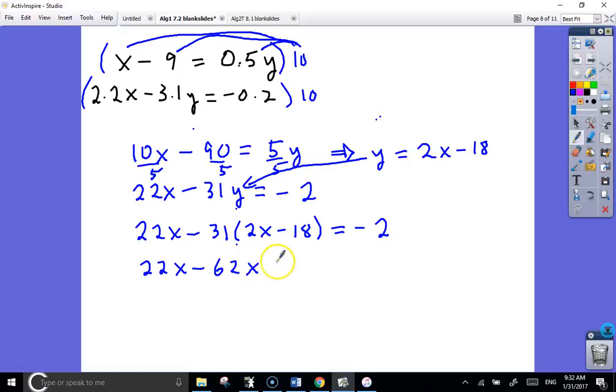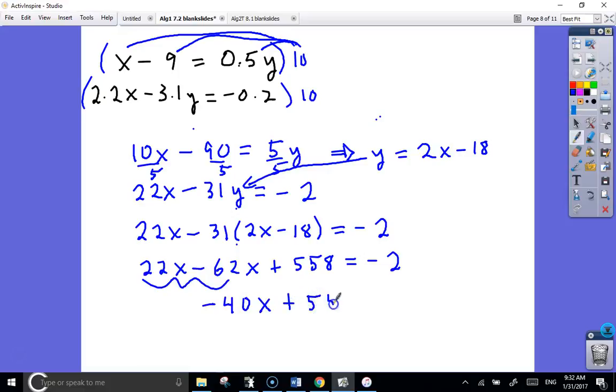Plus 558. Make sure the sign is positive. Okay, then what? Okay, subtract. 22x minus 62x is negative 40x plus 558.